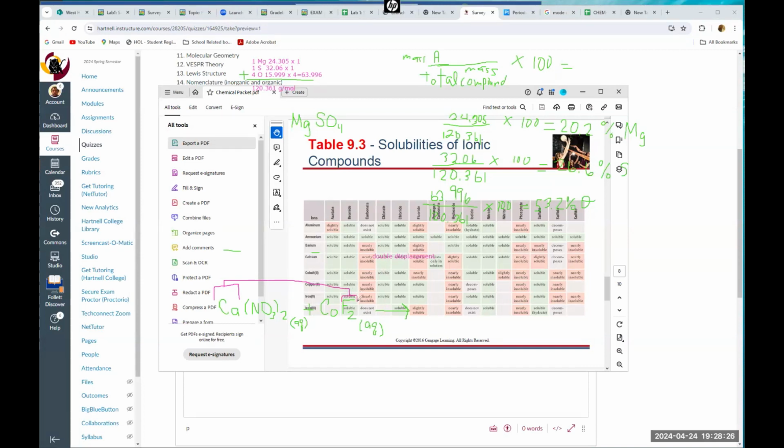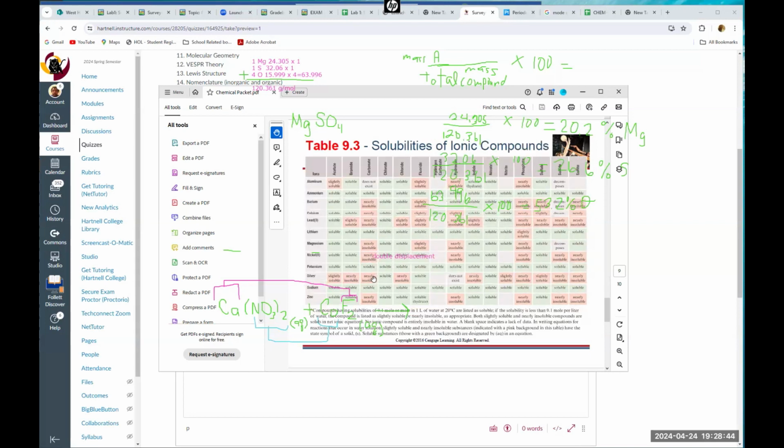And then the cobalt is going to be hooking up with whom? The nitrate. And so calcium fluoride is also, I believe, nearly insoluble. Slightly soluble.